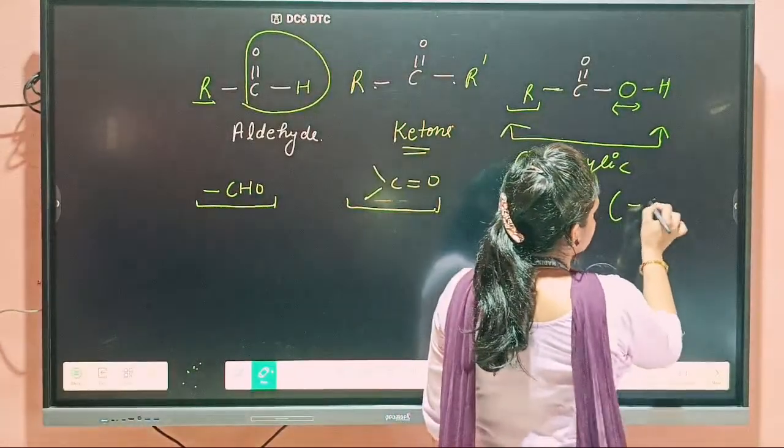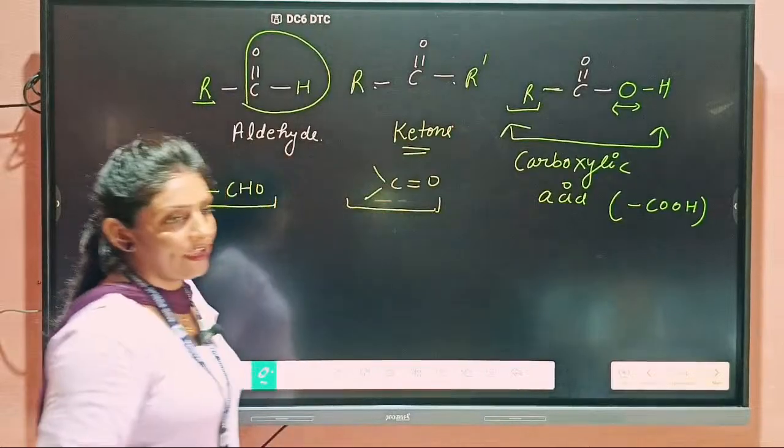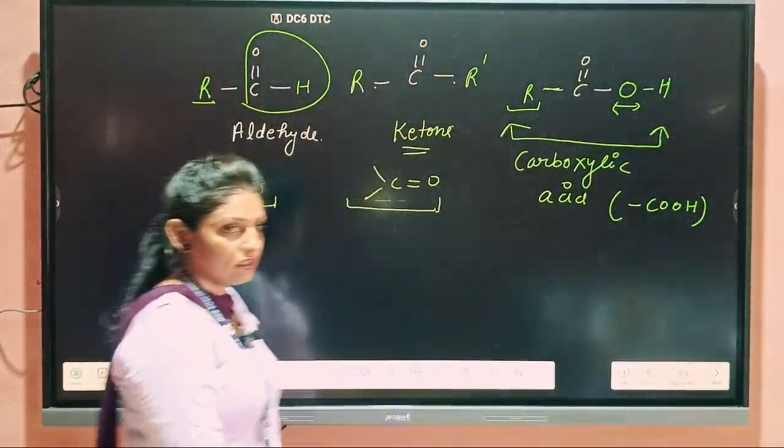I can write it in this way also, C double bond O, COOH. This is known as the carboxylic acid.